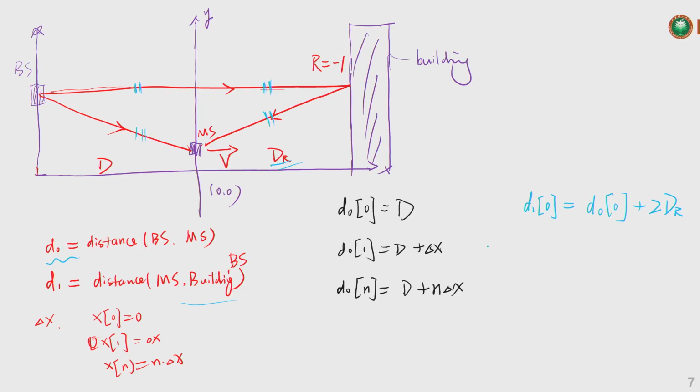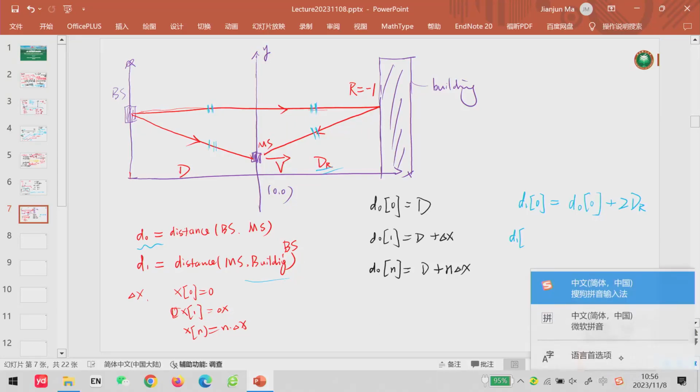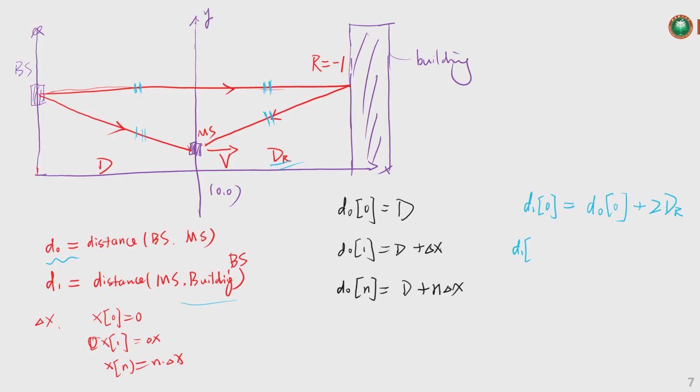So now when it moves, D11 equals D01. For example, it moves to here, so it becomes D01 plus 2 times (dr minus delta x), because it moves towards the building, so the distance between the mobile user and the building becomes shorter, so minus delta x, and 2 times because there are 2 roads.